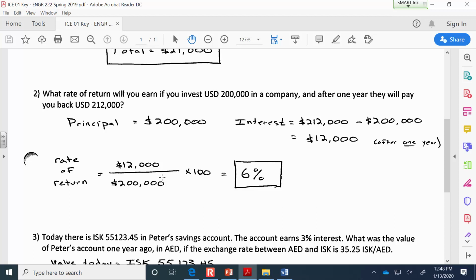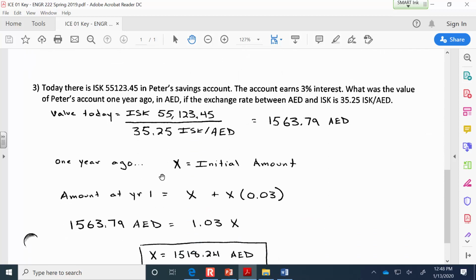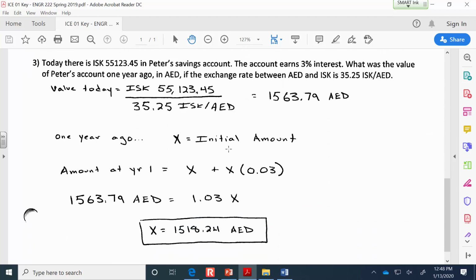All right, problem 3. Now I'm sure you probably would have been able to figure this out if you'd had more time, but since you don't, let me just give you the broad strokes of how this one works. Today, Peter has 55,000 Icelandic krona in an account that earns 3% interest. So what was the value a year ago in United Arab Emirates dirhams if the exchange rate is 35 krona per dirham?